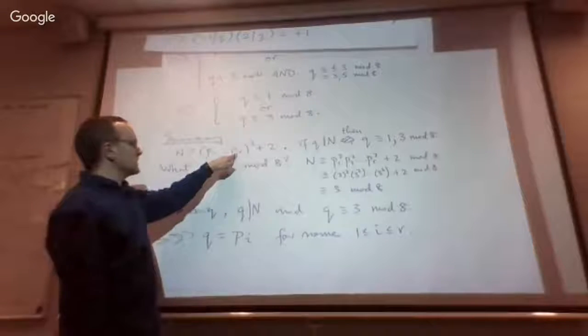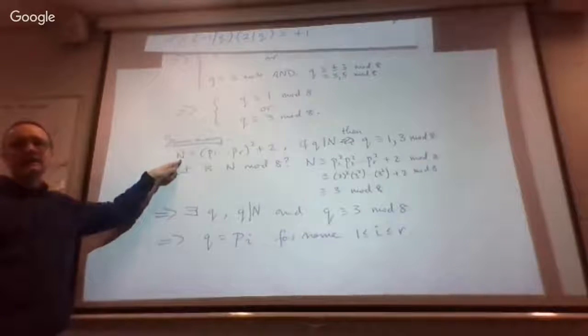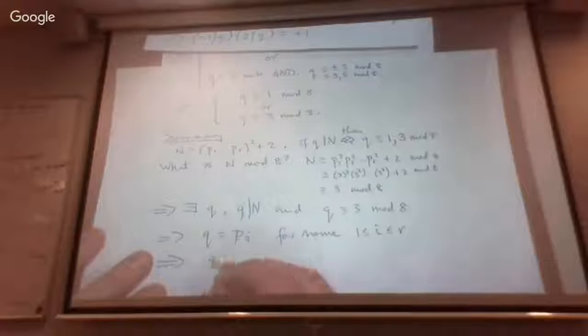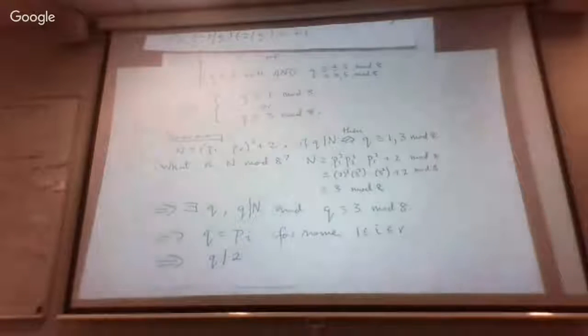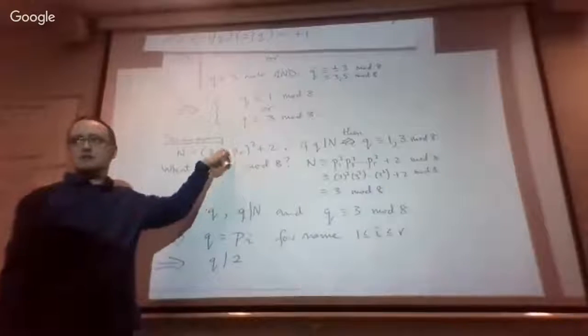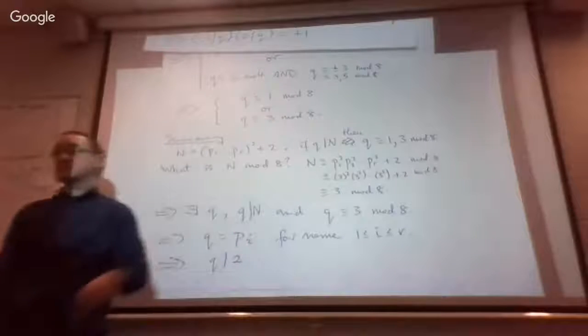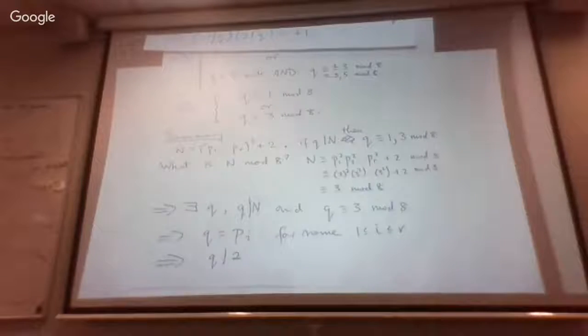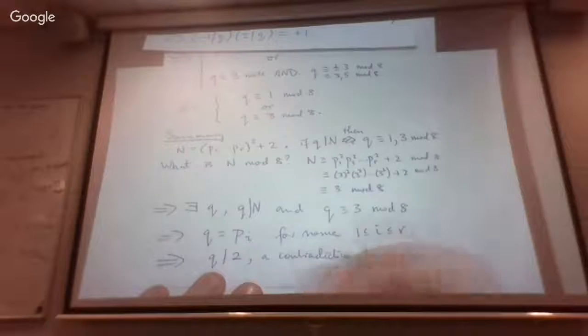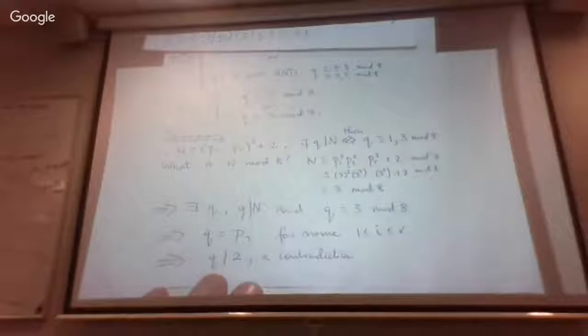If q is one of these primes here, and q is also dividing n, this is going to imply that q divides 2. Because q is dividing this part here, and q is dividing this part here because it's one of the pi's, therefore it must divide 2. But that is just a nonsense statement. This is a contradiction. 2 only has one prime factor, namely itself, 2, and that is not congruent to 3 mod 8. q is congruent to 3 mod 8.